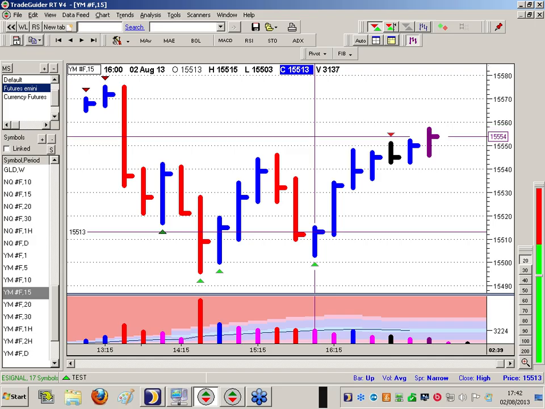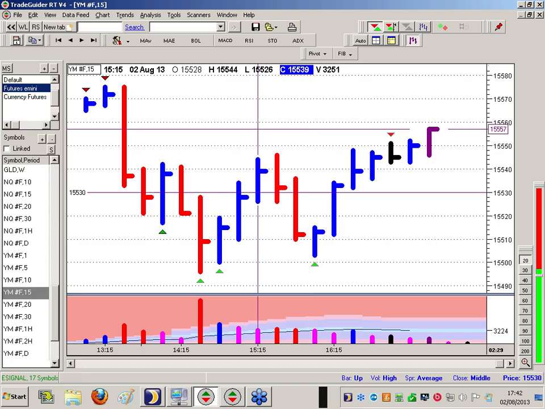Right, okay, and then it bounces up. But, of course, professional money wants to know if all that supply is gone, and that's why you get up here, no demand, look. And it comes off back down into that area. It's gone back down into the basement to check it.